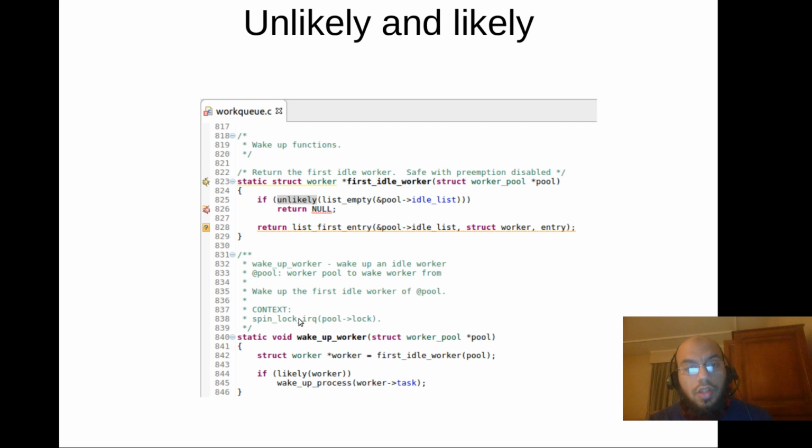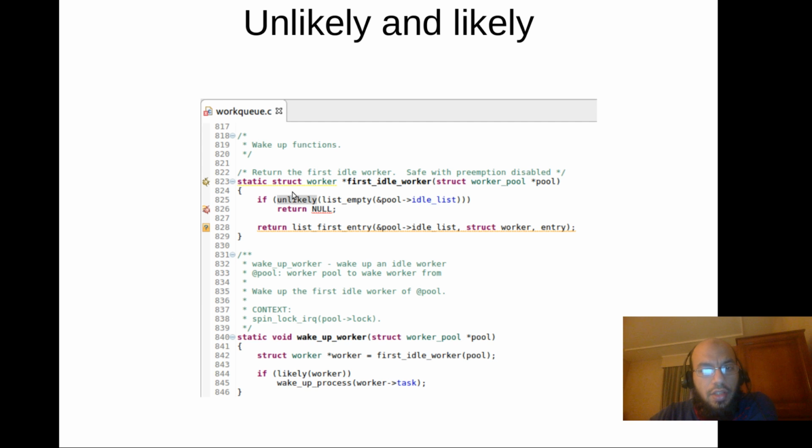This is the code that is used for some parts of the Linux scheduling, and it's in a file called workqueue.c. It's in the kernel folder, I think. But regardless, you will find your way through the Linux code. It's just a matter of searching.